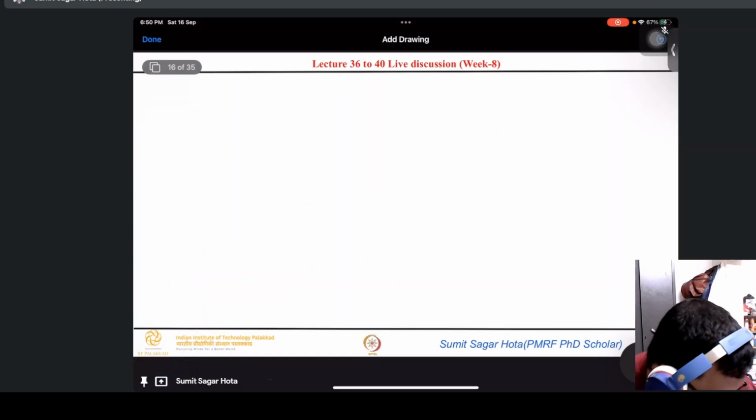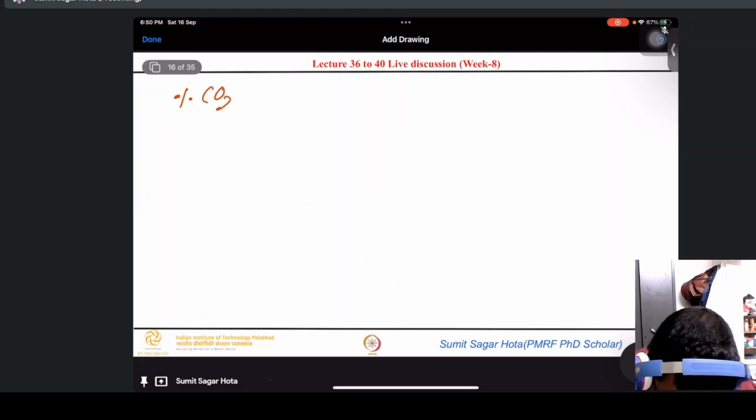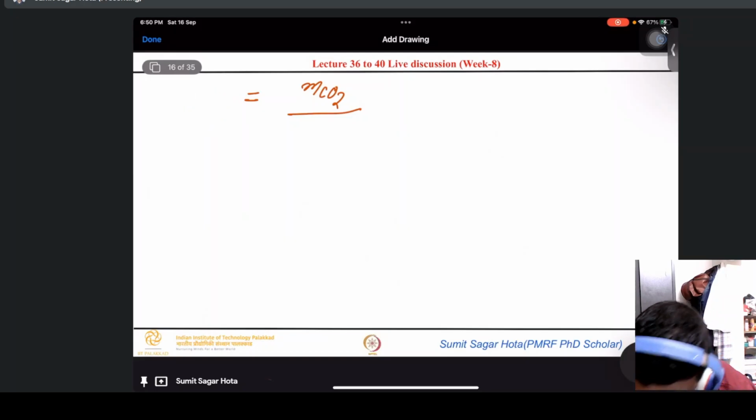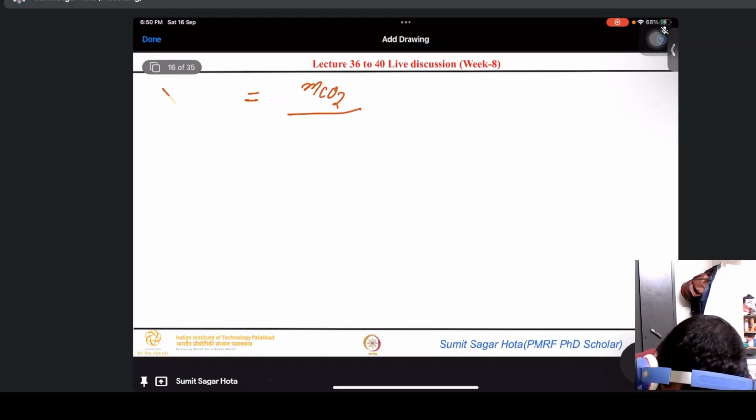Just now take the ratio. Percentage of CO2 is the mass of CO2 divided by the total mass. Always remember, mass fraction is always represented by the capital letter Y. So write Y of CO2, that is mass of CO2 divided by M total into 100.